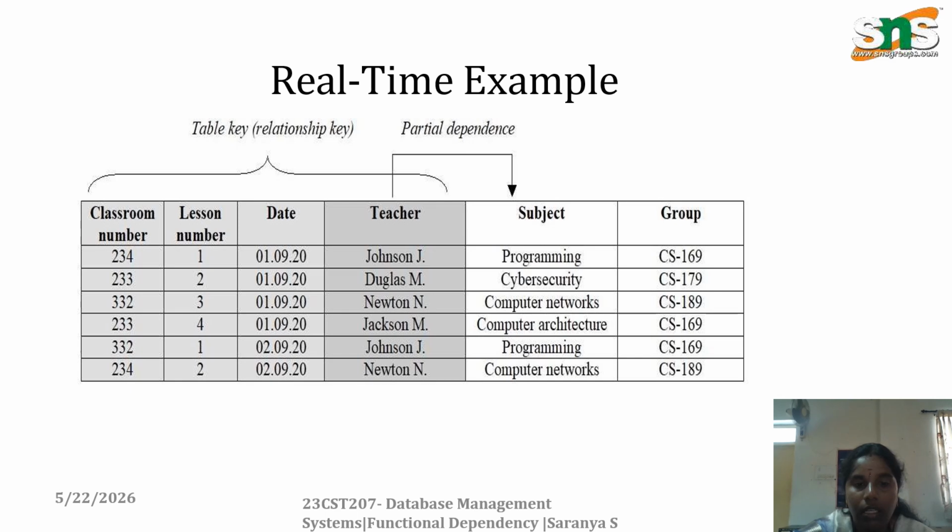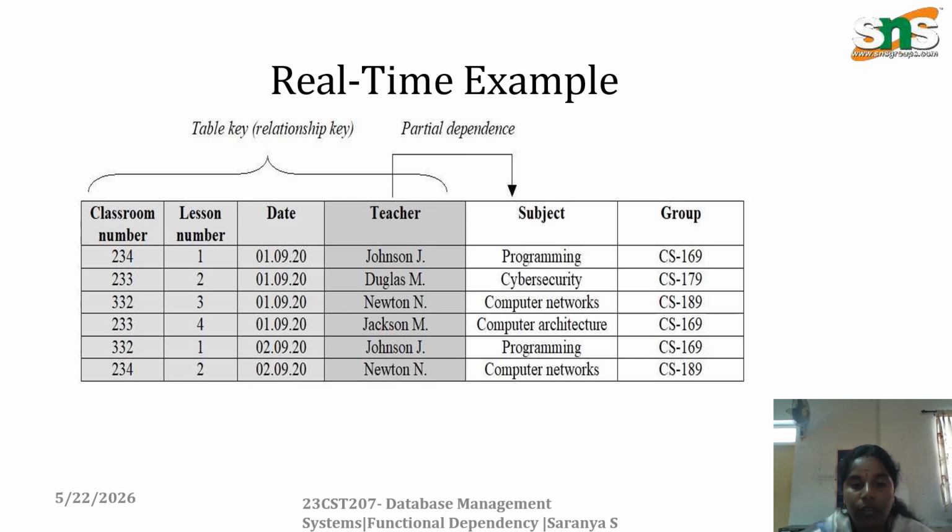The next one is trivial functional dependency. A trivial functional dependency is when the dependent is always a subset of the determinant. If x tends to y and y is a subset of x, then it is called a trivial functional dependency.